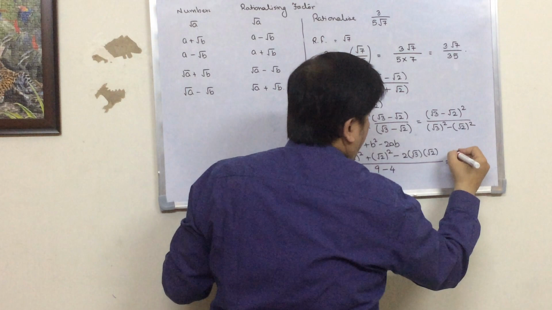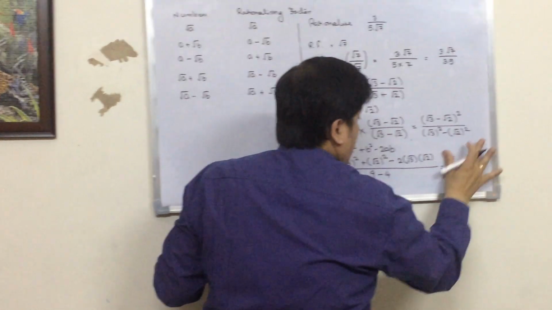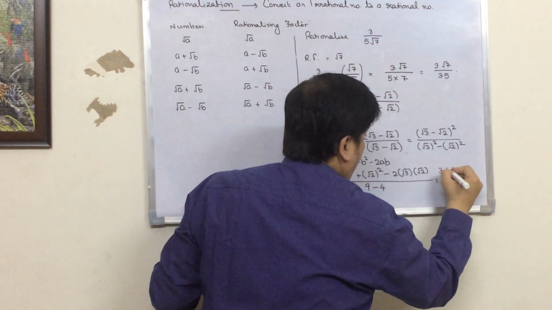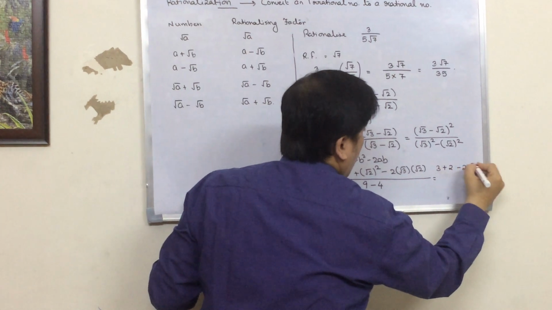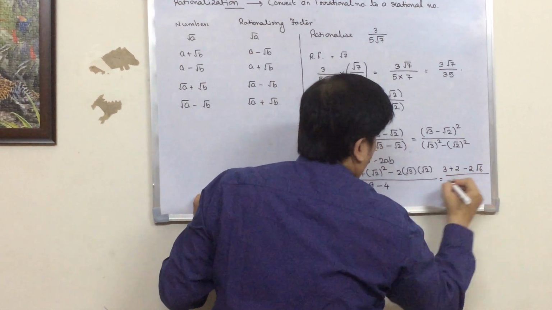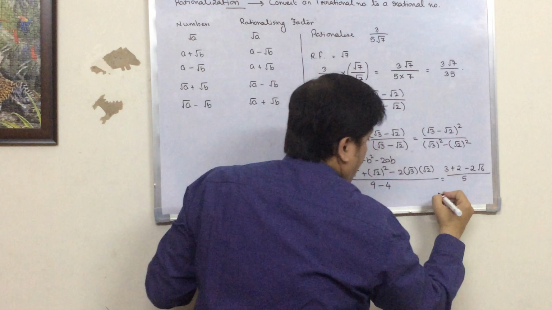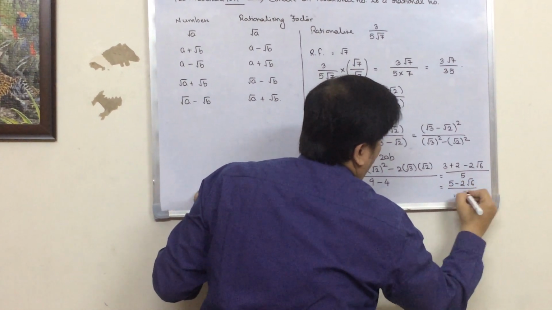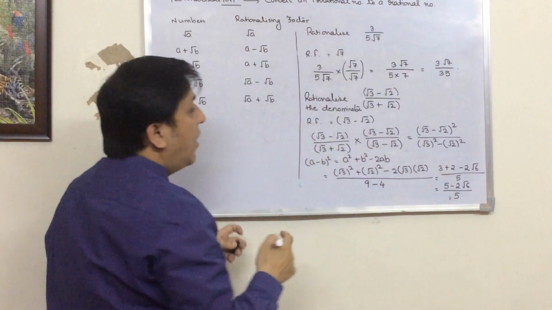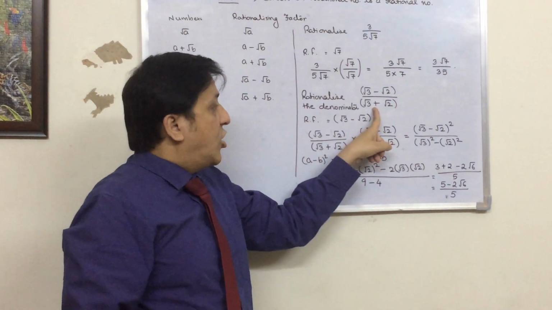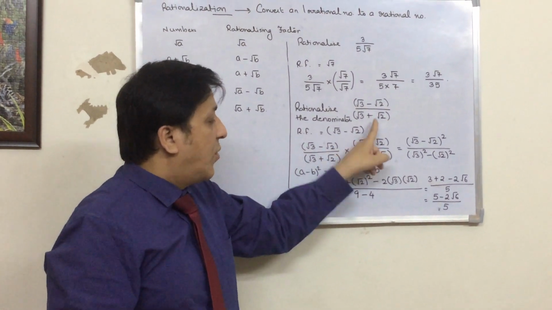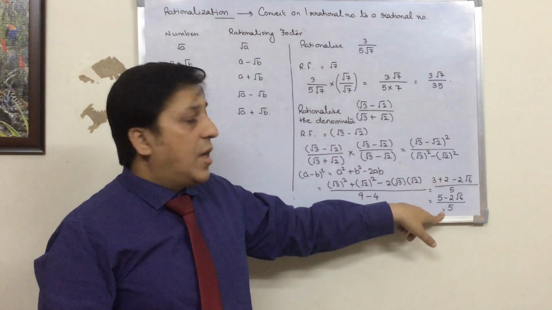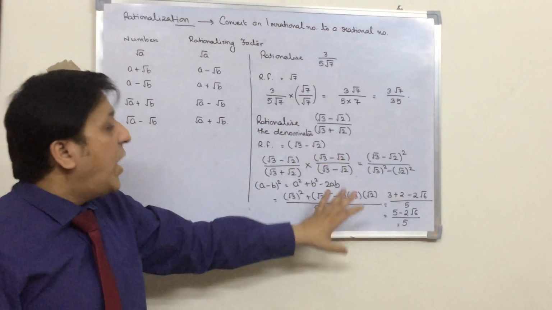When we solve it, we get 3 plus 2 minus 2 under root 6 upon 5. So we can write it as 5 minus 2 root 6 upon 5. Here we have converted the denominator, which was an irrational number, to a rational number. Okay, so that is how we solve.